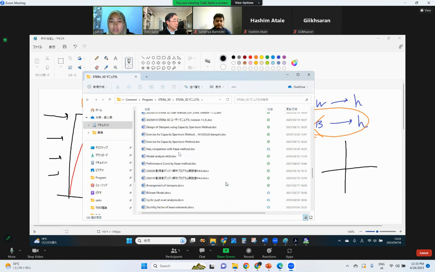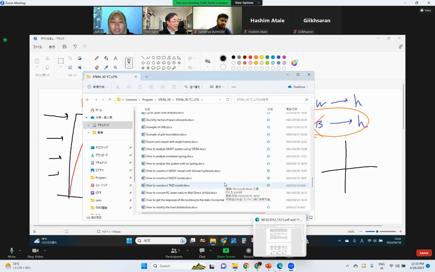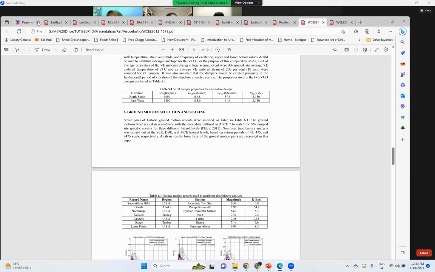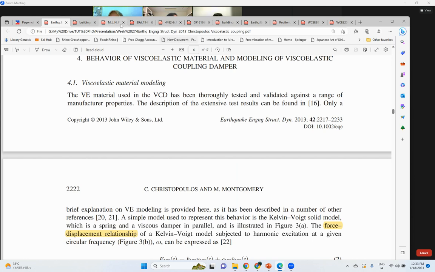Design damper using capacity spectrum. Is it the document that you sent me last time, Sensei? Yeah. You have the document now? Can you open it?